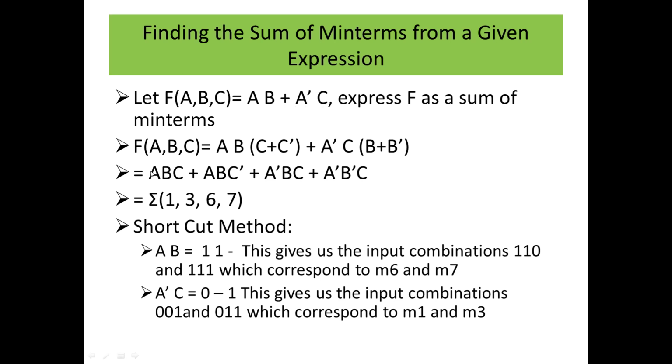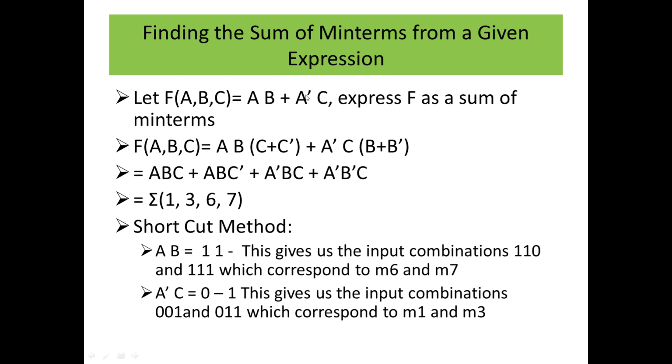So here, F of ABC is equal to AB. Here C is not there. C plus C bar. We can write it plus A bar C. B plus B bar. So I am trying to express it in the sum of min terms. This is not in the min term form. It is in the SOP form.